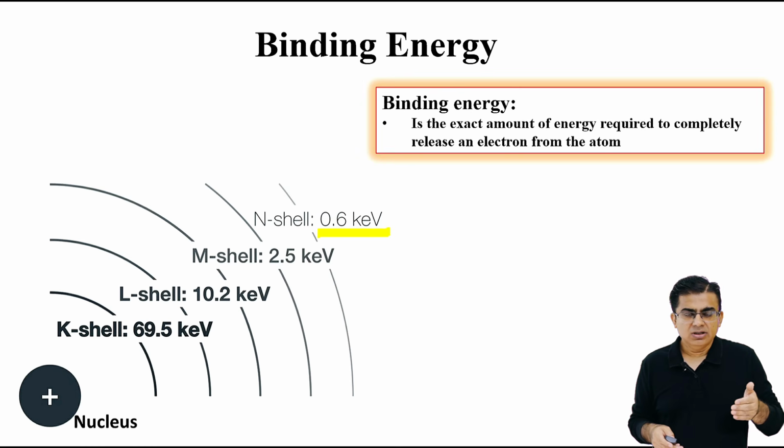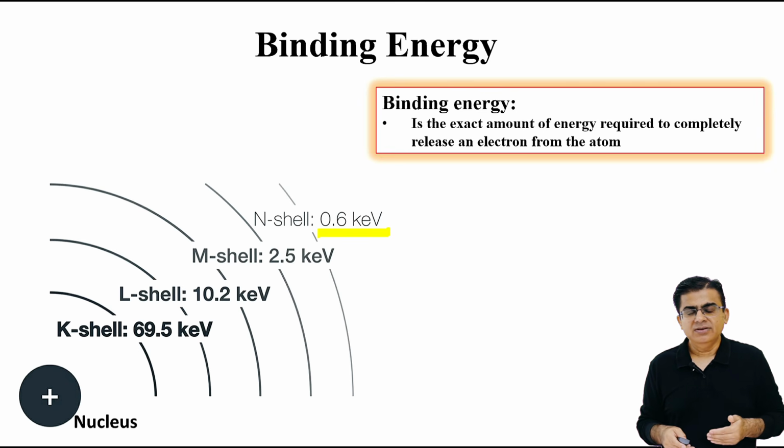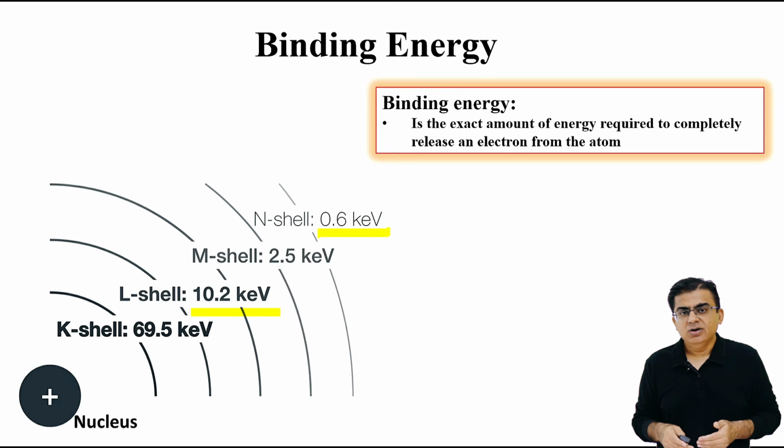As we move inward, the L shell has a much stronger binding energy of 10.2 keV. Finally, look at the innermost K shell. Because it is located right next to the heavy positive nucleus, it has an extremely strong binding energy of exactly 69.5 keV. The fundamental physics rule here is that binding energy always increases as the electron gets closer to the central nucleus.